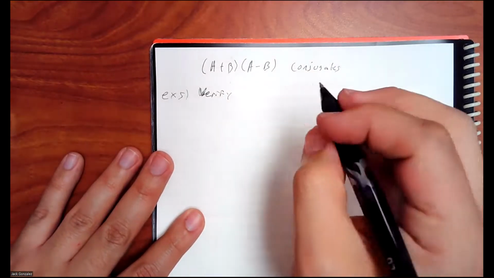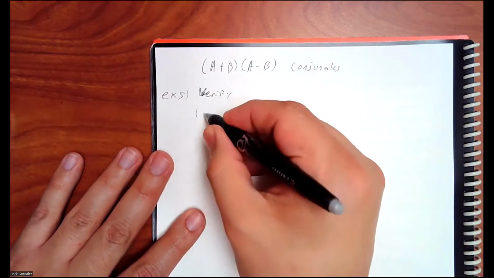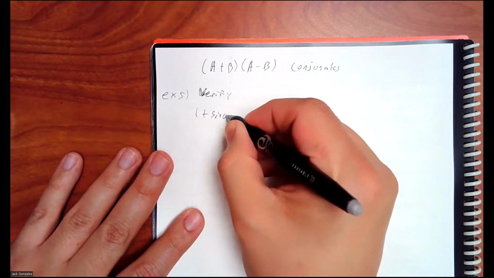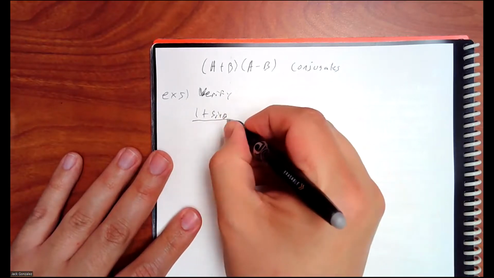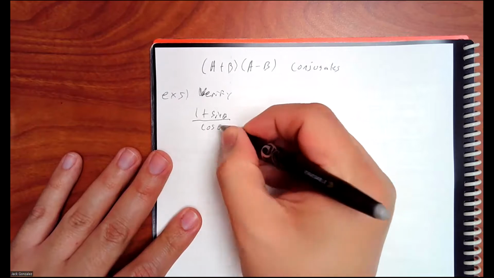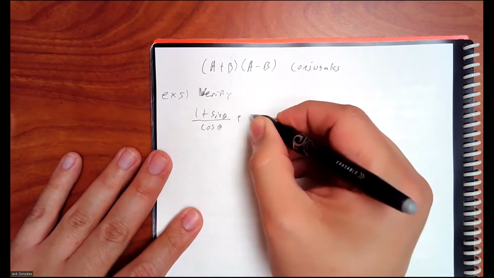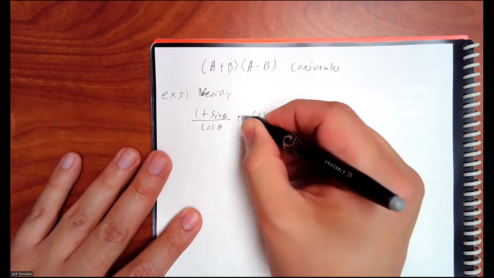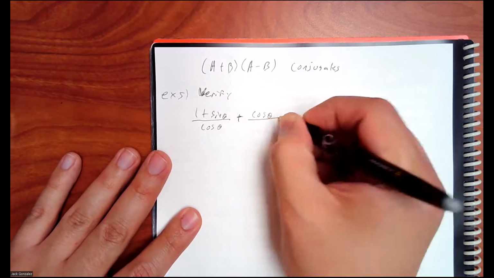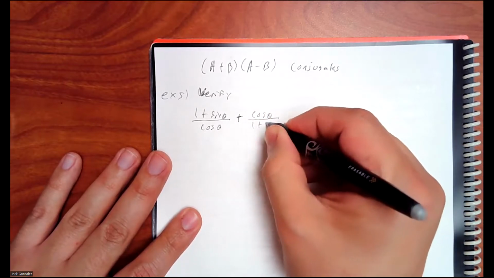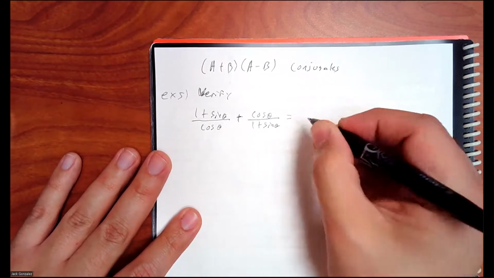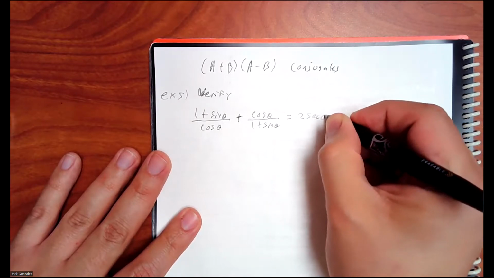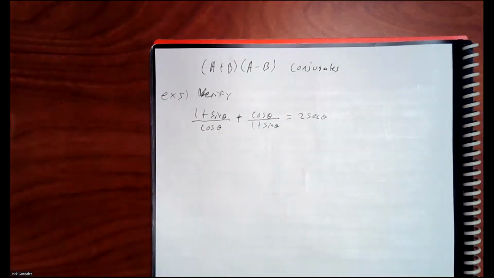Okay, verify: 1 plus sine theta over cosine theta plus cosine theta over 1 plus sine theta equals 2 secant.